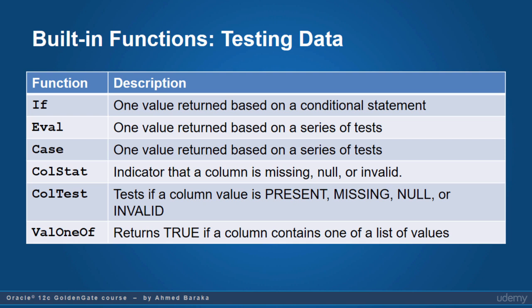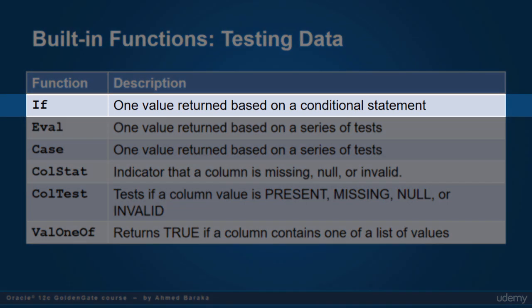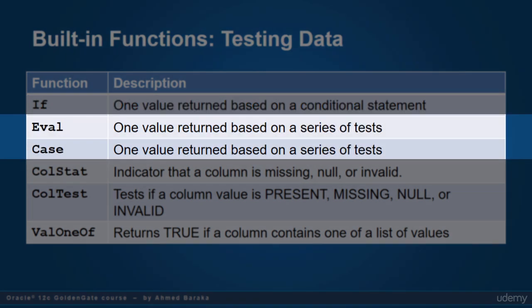This is a list of Oracle Golden Gate built-in functions that can be used for testing column values. If built-in, as in all programming languages, is used for testing a condition. If you want to test a series of conditions, you can use eval function or case function.